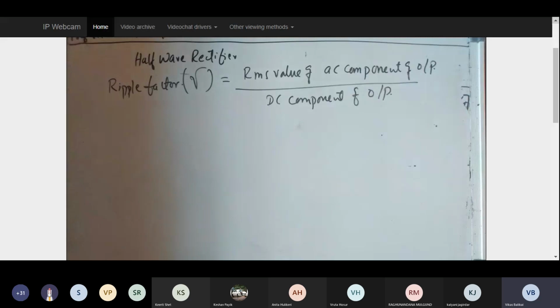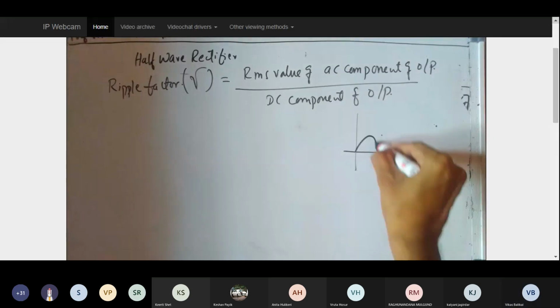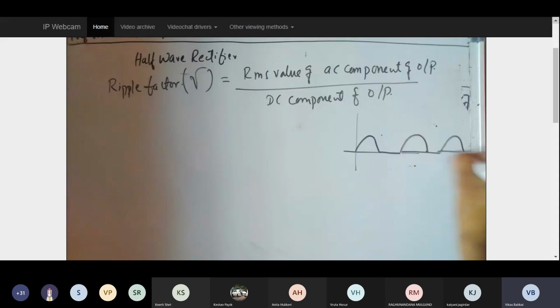When I take rectification efficiency, I take one output power and one input power, because I am converting input to output. When I take the ripple factor, whatever I am going to calculate, I will be calculating only with respect to the output term. Why do I calculate it? Because the output waveform is something looking like this. It is looking like ripples, like waves in the sea. So in my output voltage, how much are the ripples that are coming, to understand this term I go ahead with the ripple factor.